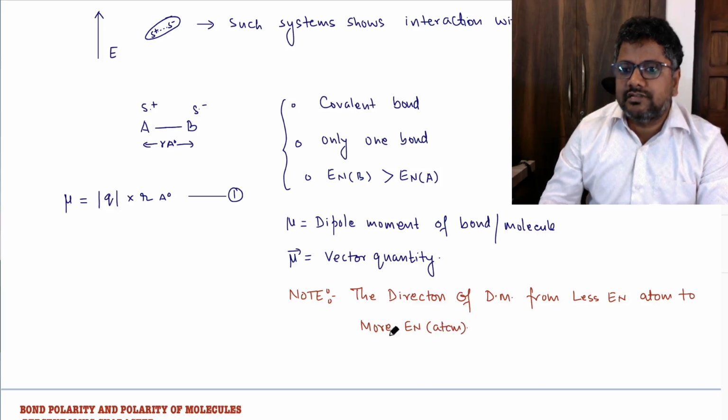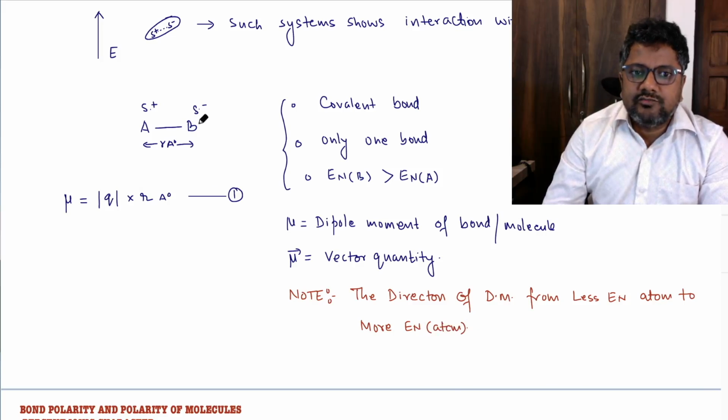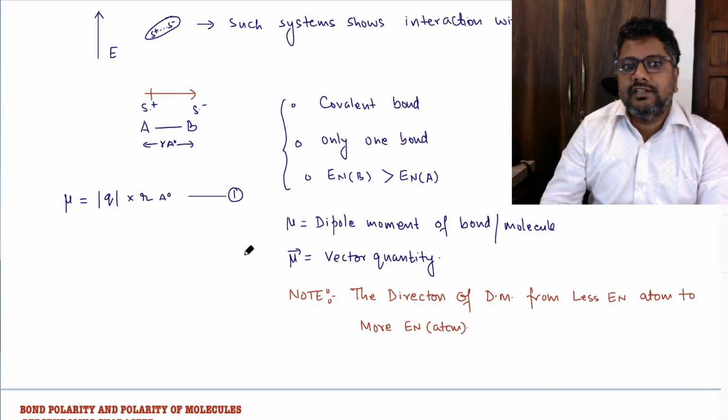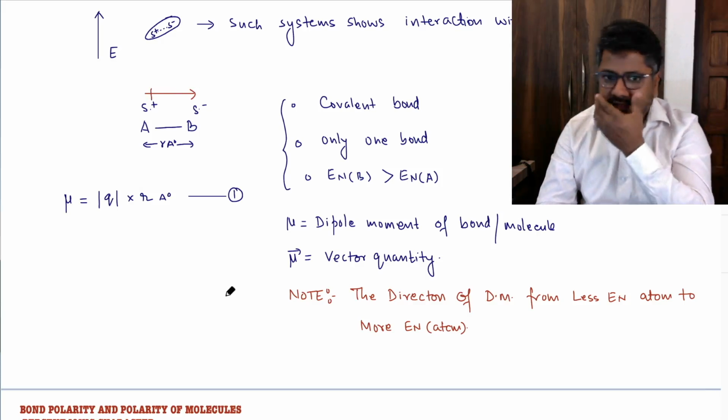So this is the concept basically. Here this is more electronegative, this is less electronegative, so the direction is this.